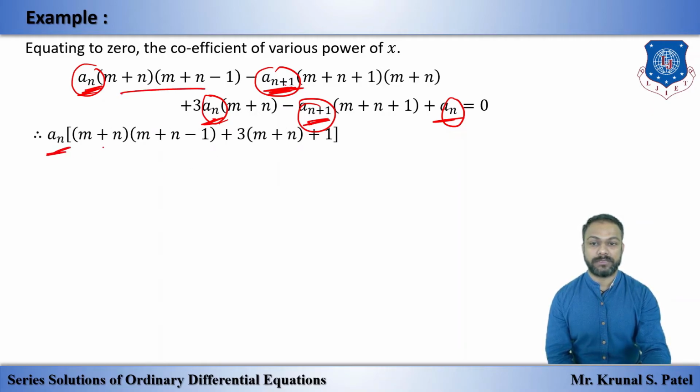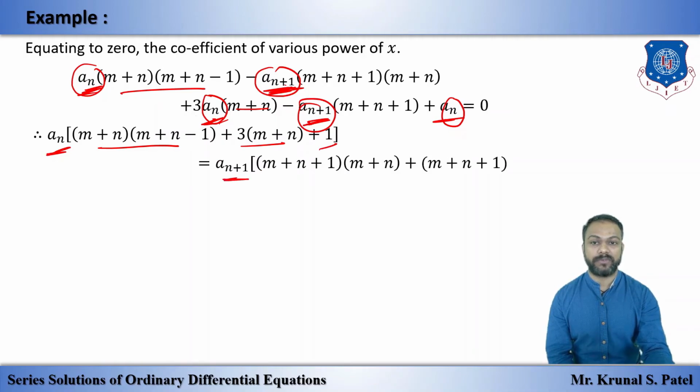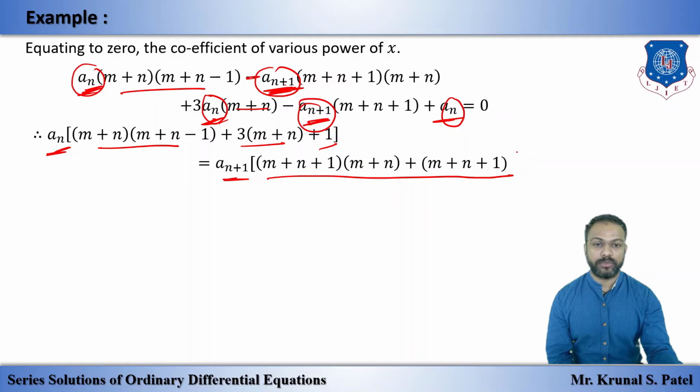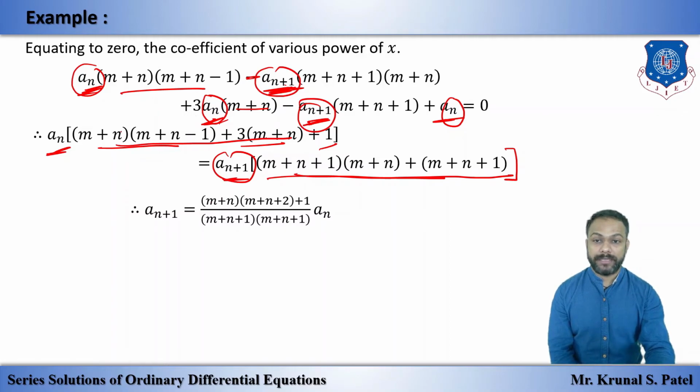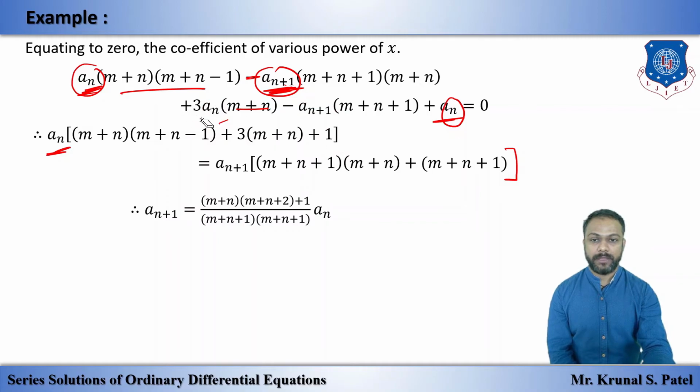An common, so this first term, this second term with 3, and this is 1, and the second one has a n plus 1, which we take to the right hand side, so both minus become plus, and we take a n plus 1 common. Now we will simplify. So we have a n plus 1 equal to this entire term divided by this term. How is this simplified? So in these first two terms, observe, I am just explaining.